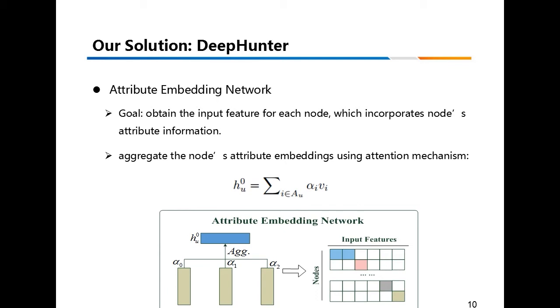Common aggregation functions include sum and average, but for the graph pattern matching task, the importance of each node attribute may be different. Hence, we use the attention mechanism to learn the weight for each attribute of a node.